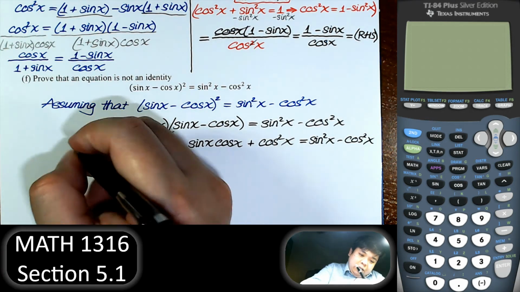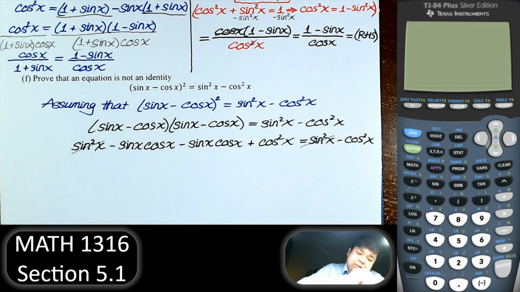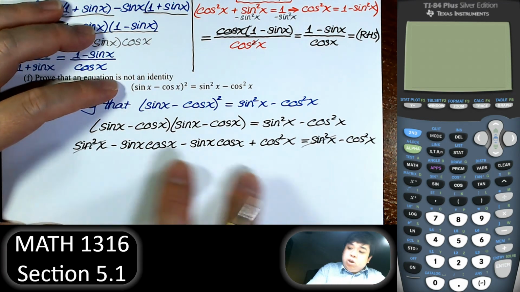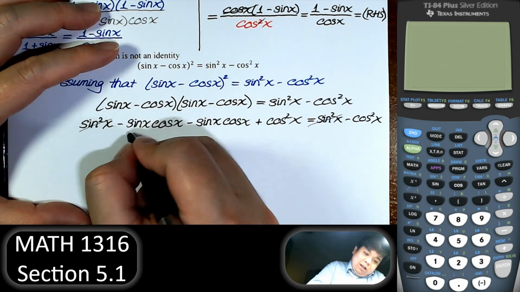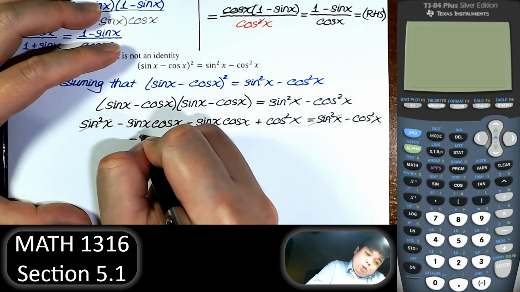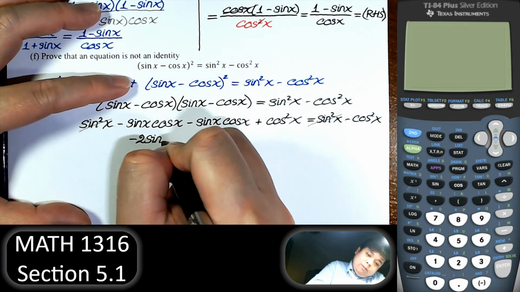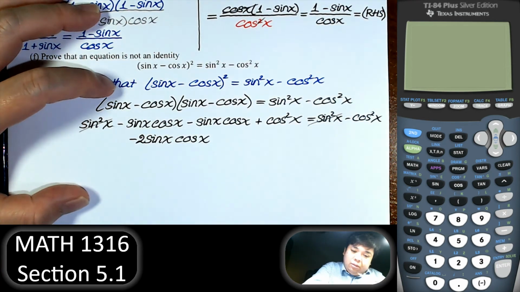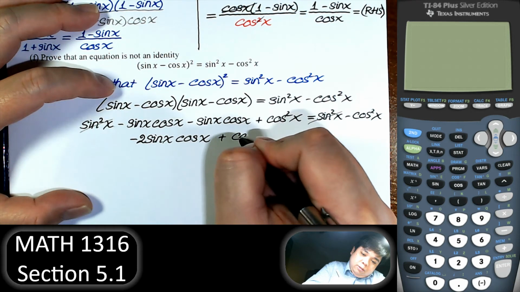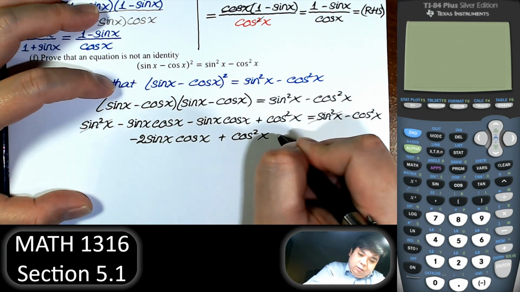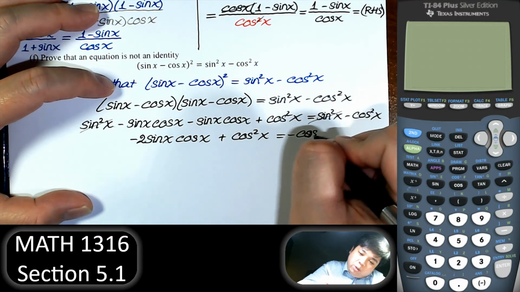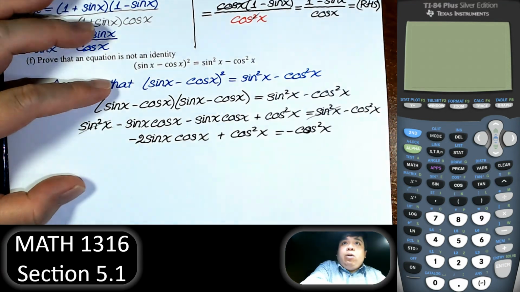Right. Can cancel the sine square on both sides. Those two are like terms that make two of them. This is cosine square. Right.